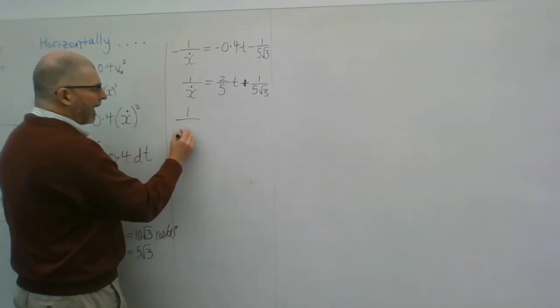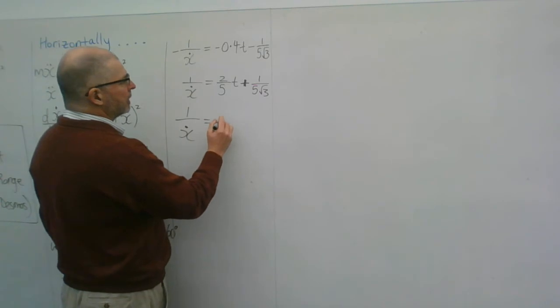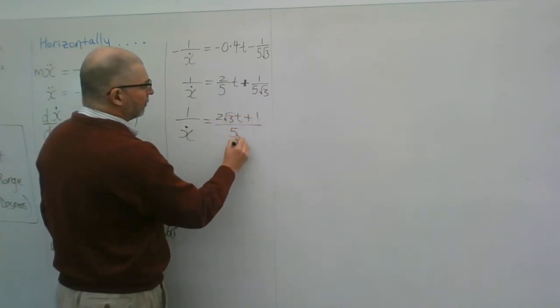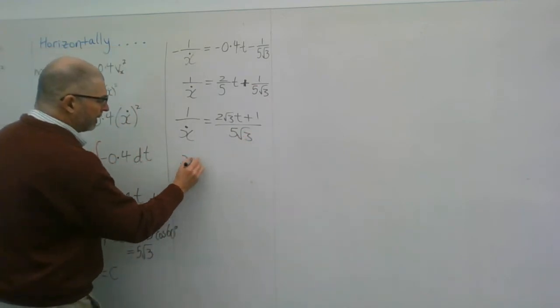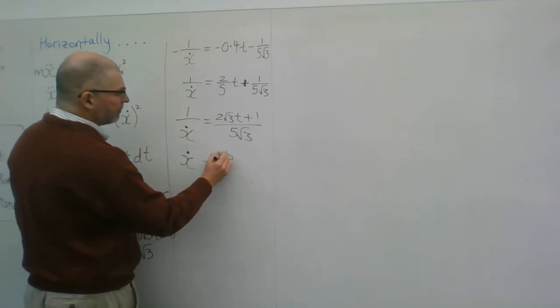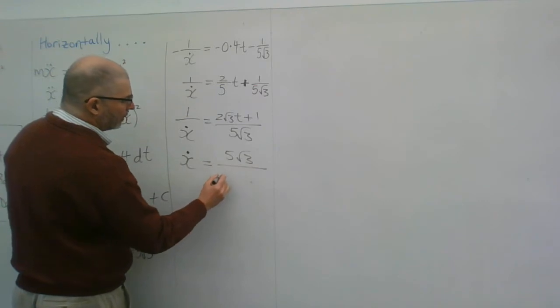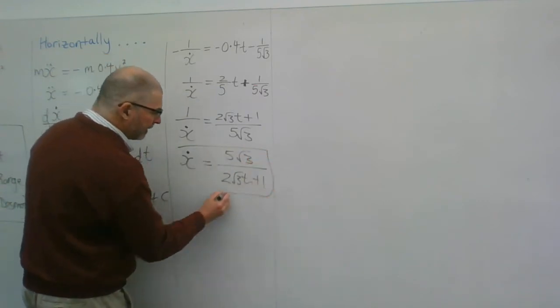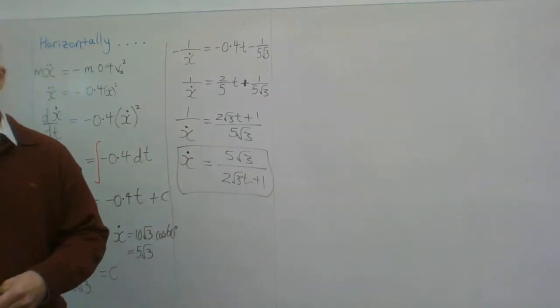So 1 on x dot equals 2 root 3 t plus 1, all on 5 root 3. So flipping both sides, that's 5 root 3 on 2 root 3 t plus 1. And that gives me my equation for my velocity.